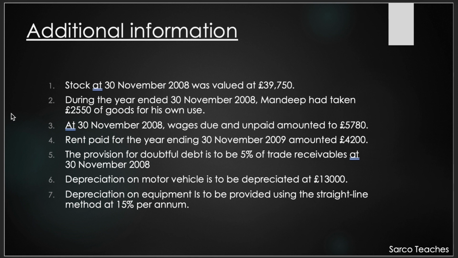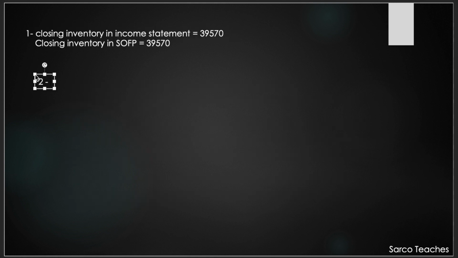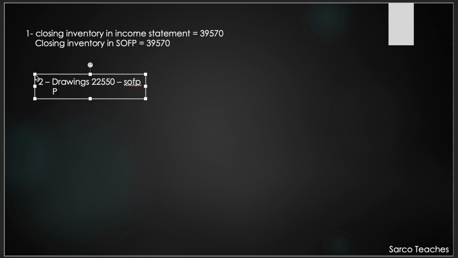Second adjustment. During the year ended 30th November 2008, Mandeep had taken 2,550 of goods for his own use. This is a drawing adjustment. We will have to put this value into drawings and also subtract it from purchases.